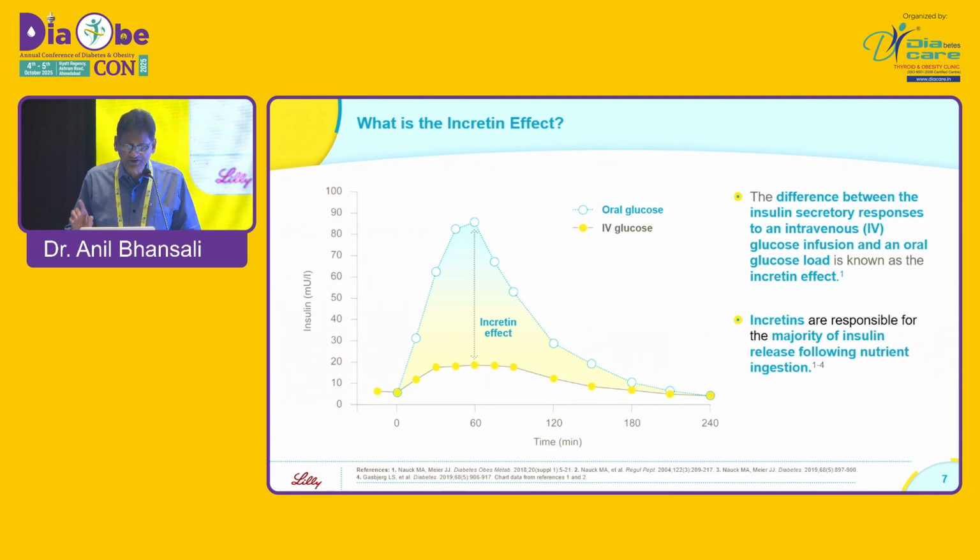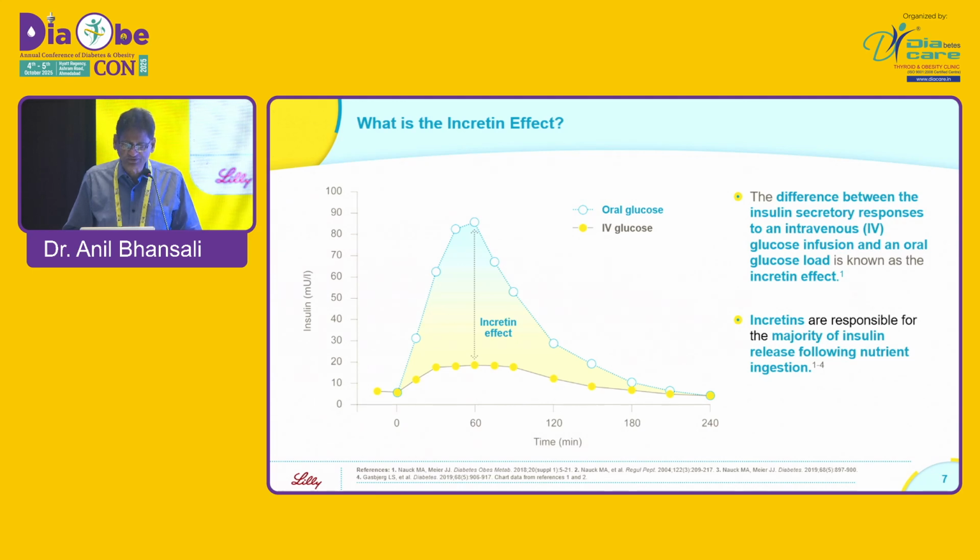However, after the invention of the radioimmunoassay, when insulin was measured, the concept of the incretin effect was endorsed. So what is the incretin effect? The incretin effect is basically a difference in the insulin secretory response to glucose infusion versus the oral glucose load.